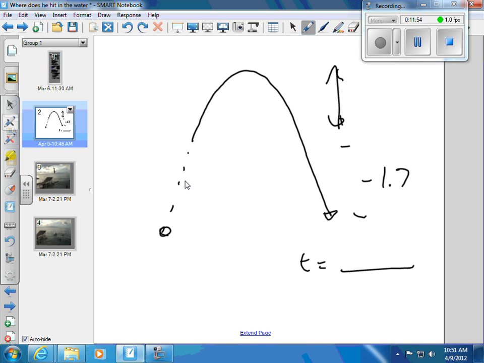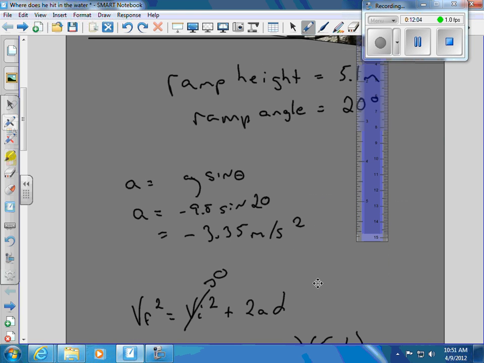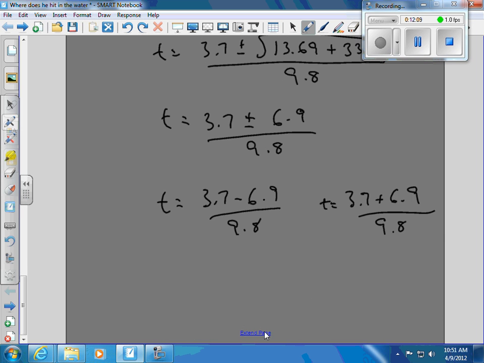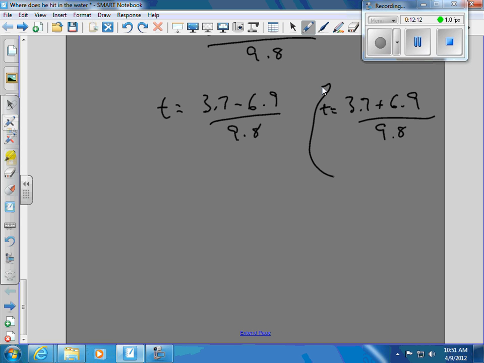What it would be is if we threw from level with the ground. So we use this one, and we get t equals 10.6 divided by 9.8, 1.1 seconds. So he's in the air for about a second.